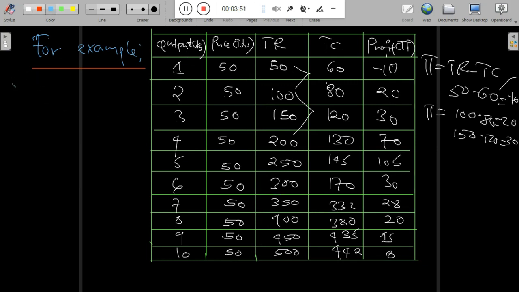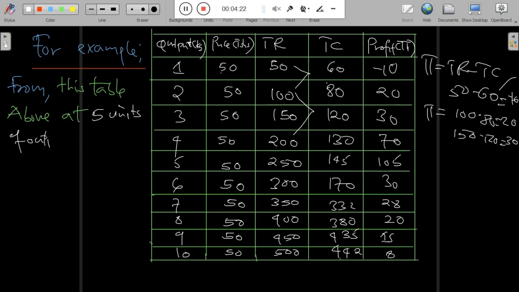Again, we take 150 minus 120, that is 30. The same applies to the next brackets of the table. So we will be having 70, 105, 30, 28, 20, 15, and 8, as you can observe.